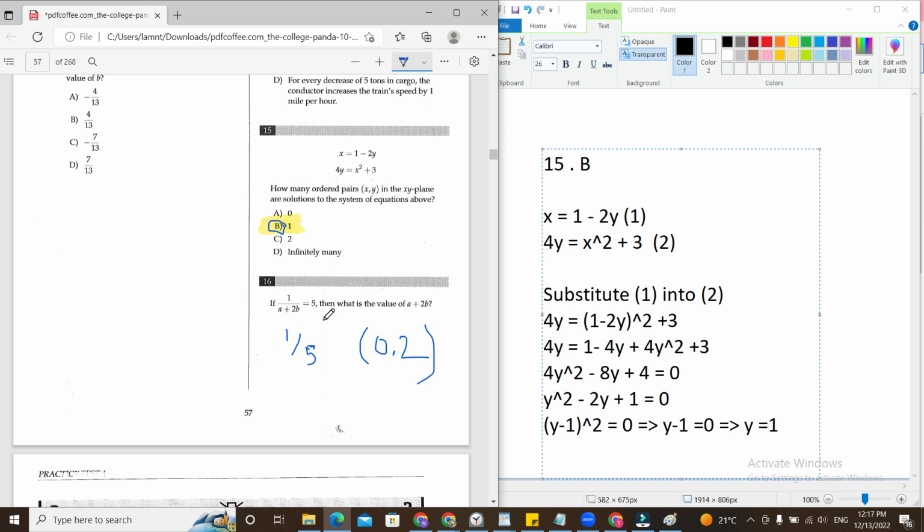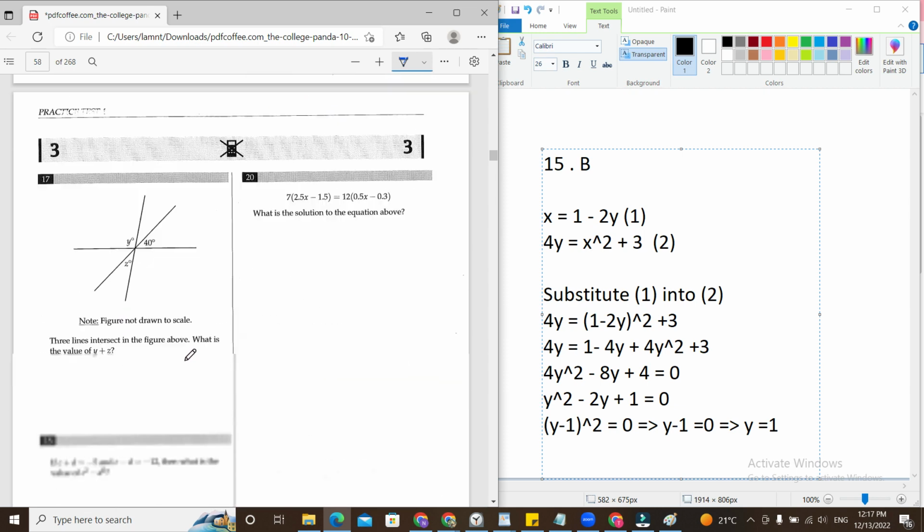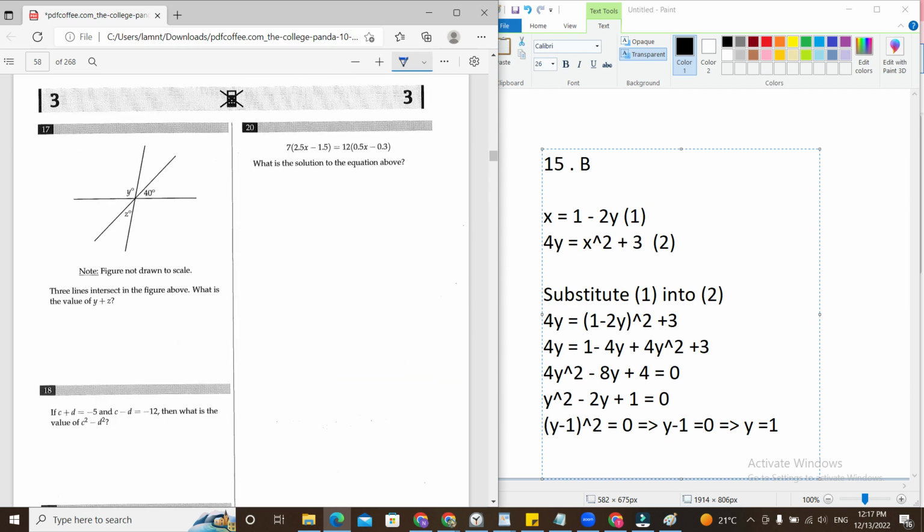Okay, so 15 and 16 are done, and let's see, 17. We have a figure here with a bunch of angles, and they ask us for the value of y plus z.